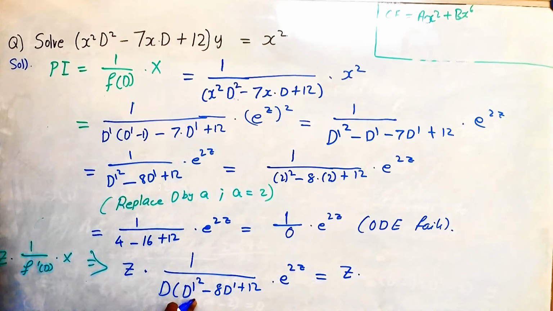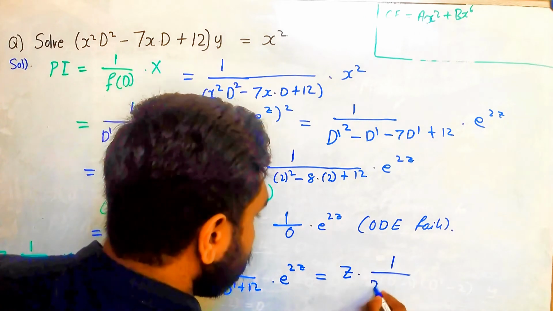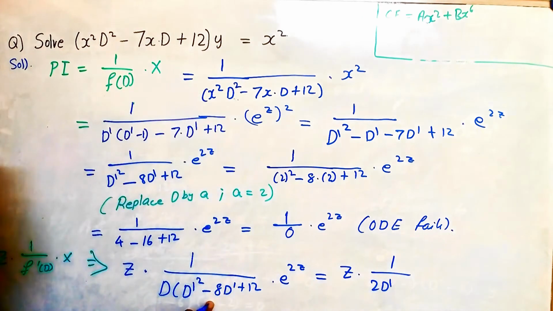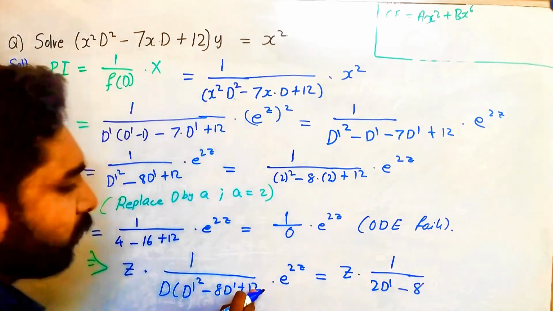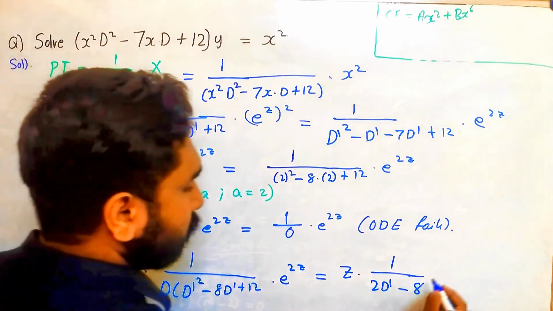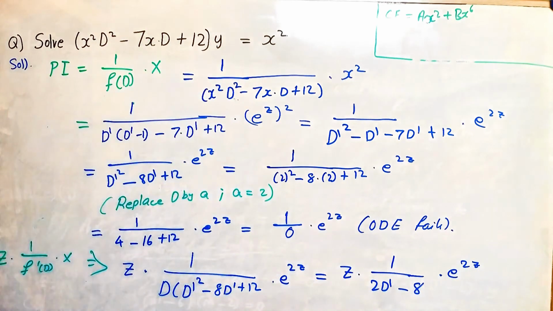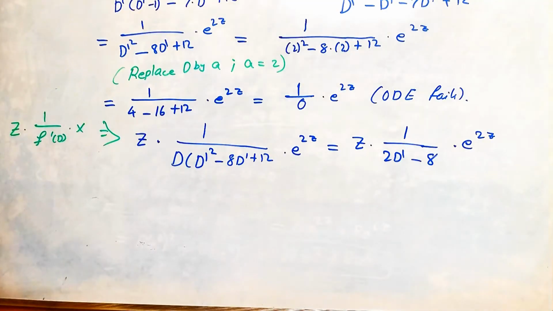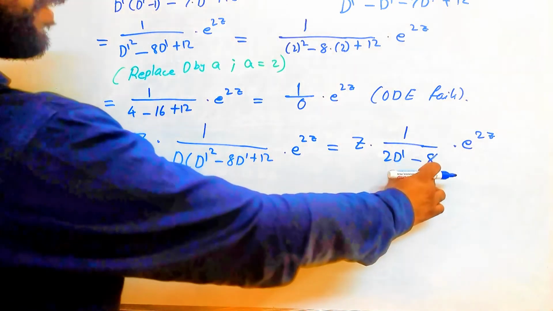1 by differentiation. We are differentiating this term. What will we get? D dash square becomes 2D dash, so 1 by 2D dash, minus 8D dash becomes 8, and 12 becomes 0 as this is a constant number, into e to the power of 2z. Okay, so we have substituted, now it's time to replace.